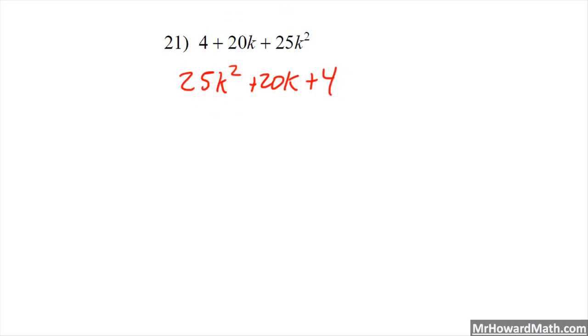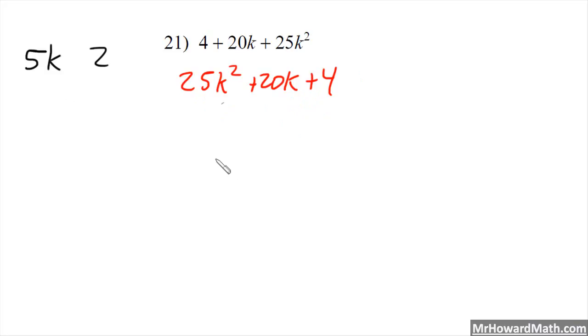So we're going to look at it this way. If we possibly have the perfect square format, we need 3 terms, okay, check. And we need this to have a perfect square root. It does. 5k is the perfect square root of 25k squared. And this one needs a perfect square root. Perfect square root of 4 is 2. So maybe it will be 5k and 2 in the factor.